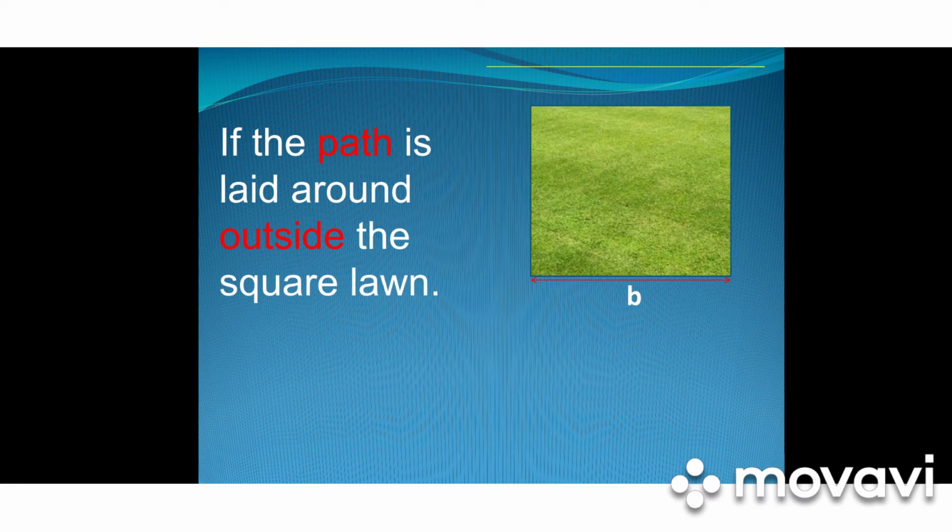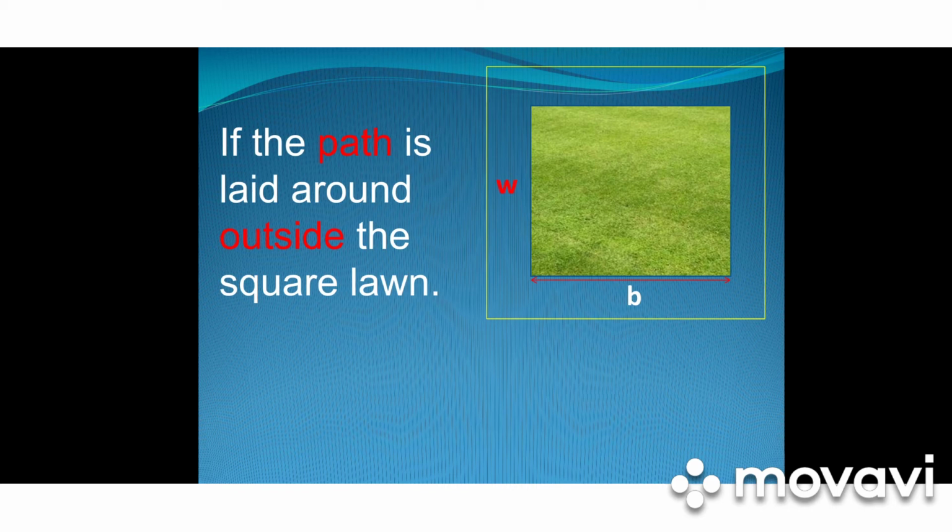You can look at the slide. Yellow color lines make a square which is outside your square lawn. In between the square lawn and the yellow color square, we will create our path, and we have to find the area of that particular path only.